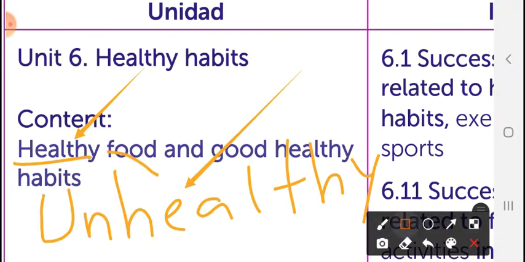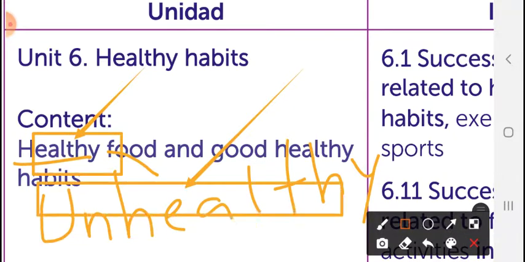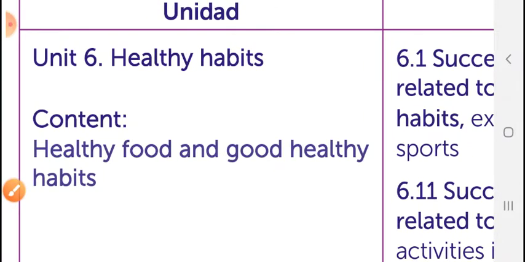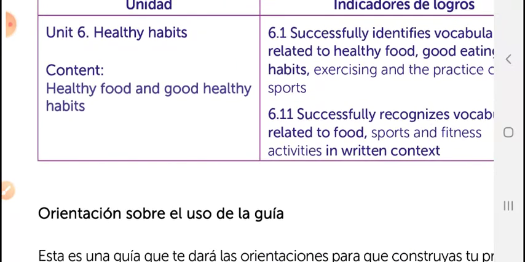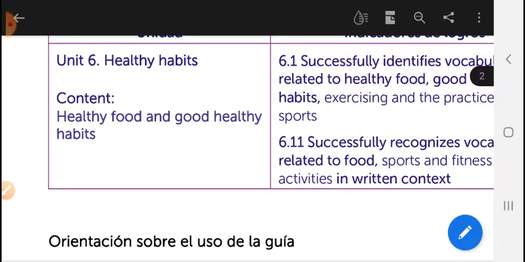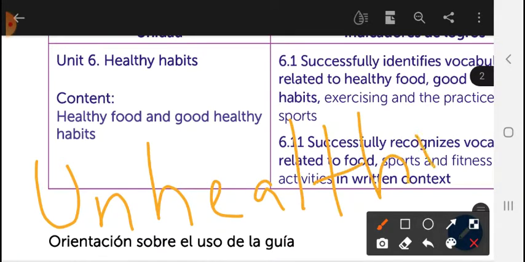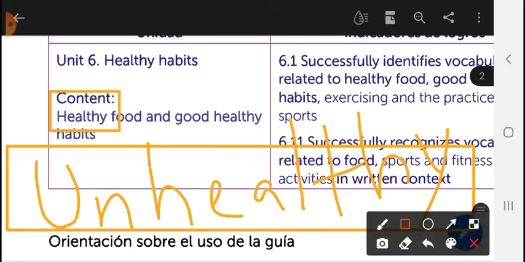Please try to remember that because those are words that we are studying this week. Remember those words. Acuérdese de esas dos palabras que son opposites, opuestos, y que vamos a estar usando esta semana for English. Okay, healthy, unhealthy.